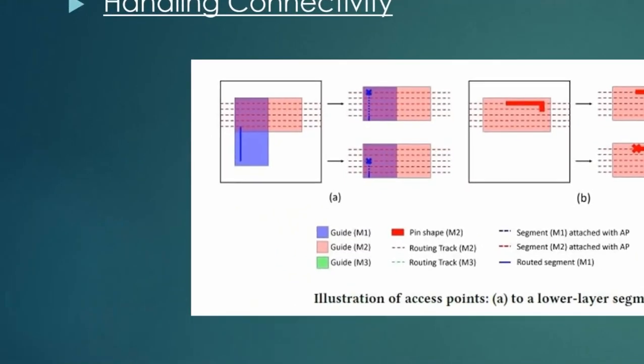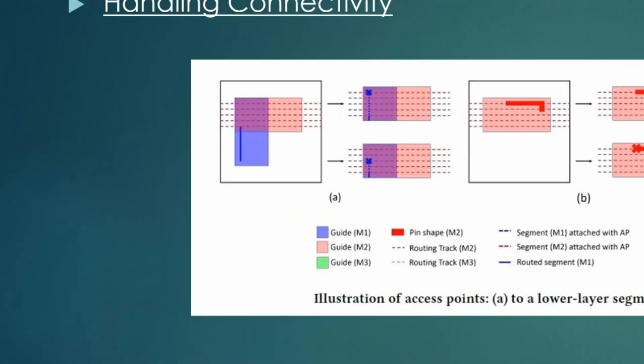I would like to focus just on this figure A. The purple rectangular box which you see is a route guide defined on metal 1, in its preferred direction, and the peach color box is for metal 2, in its preferred route direction. The dashed lines which you see are the tracks assigned to the respective metal layer.